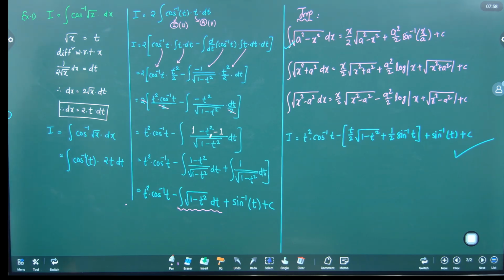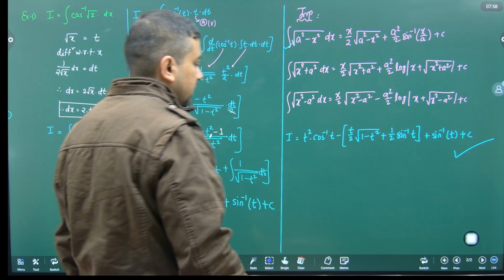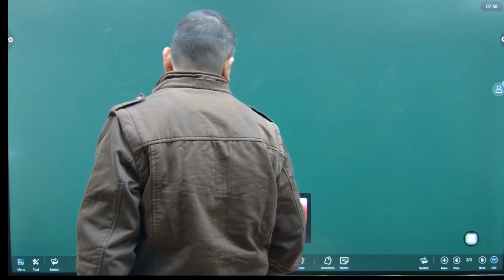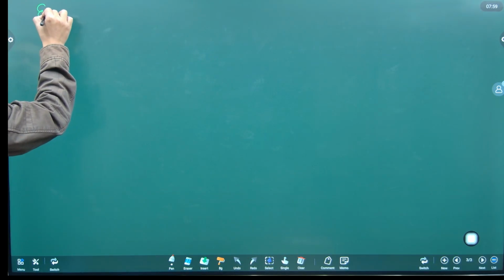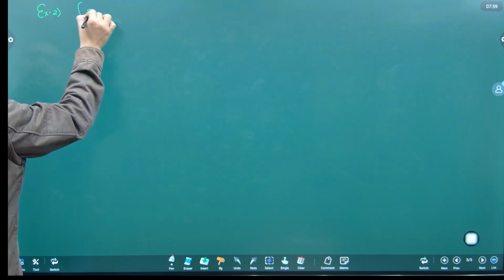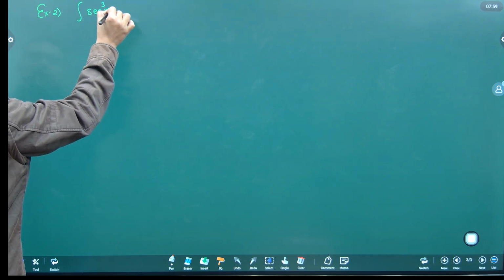Integral sec cube x dx, write down integral sec cube x dx. This is also one of the important integrals. Example number 2, integral sec cube x dx.